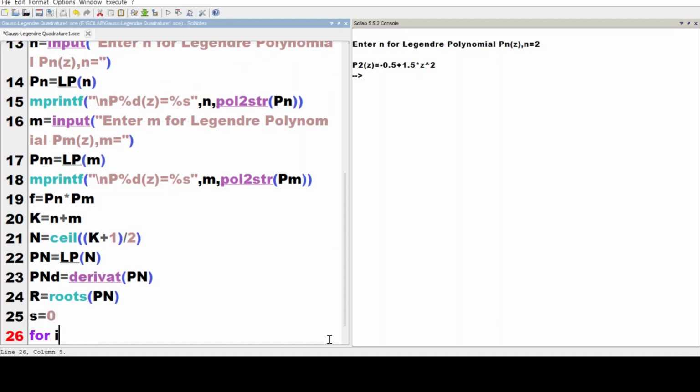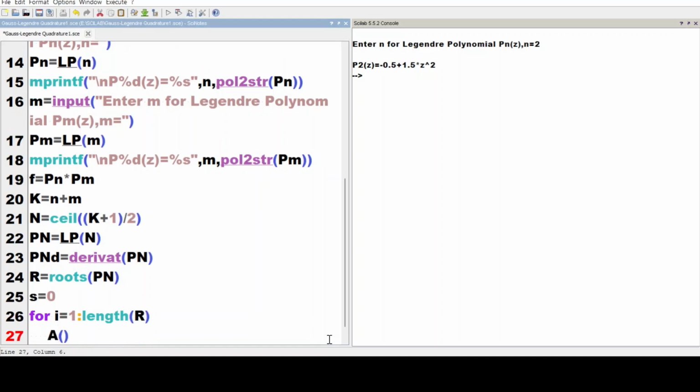Now we start a for loop, i is equal to 1 to length of r. Now we write ai. ai is equal to 2 divided by 1 minus r i raised to 2, here we write horner Pnd, comma r i.